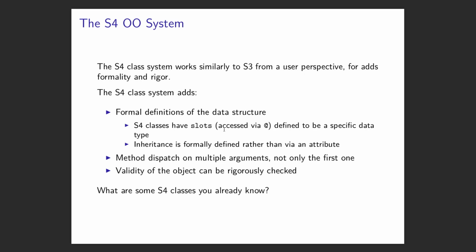And we can actually check whether an object is a valid object of that class. For example, checking that all of the slots are of the correct data type, making sure the number of rows is the same for all columns, or checking that the number of columns in row data matches the number of actual rows in some assays, in the case of SummarizedExperiment. So we can think of some S4 classes that you might already know.